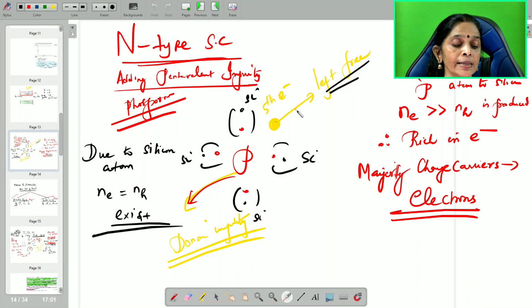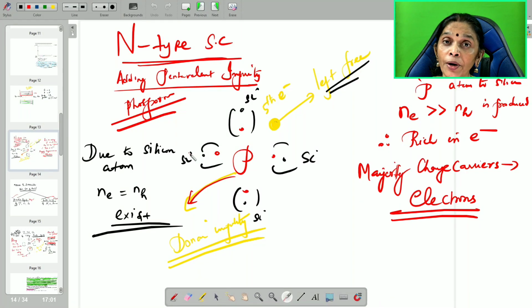So the number of electrons is more than the number of holes already present, because the more electrons there are, the number of holes keeps reducing. Therefore the number of electrons is very much greater than the number of holes, because the electrons and holes formed by thermal agitation in the silicon atom are less in number.